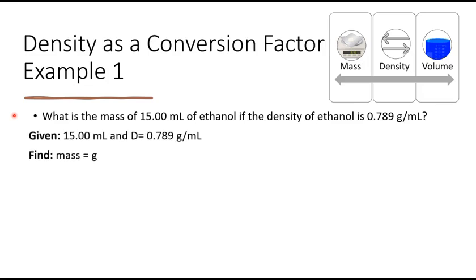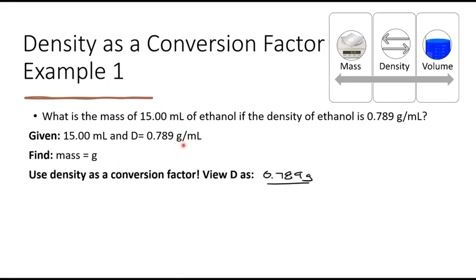Let's identify what's given, 15.00 mLs, and the density 0.789 grams per mL, and we want to find mass. Since we're not told what mass unit to go to, and density has a mass unit of grams, we're going to stop at grams. We want to view density as a conversion factor.